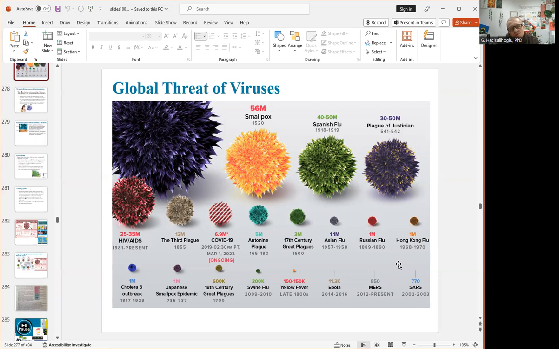But there were some other ones before this pandemic, and you can see some examples here: Spanish flu, and how many people died because of these different pandemics. You can see here the third plague. COVID-19 was the one for the last 4 years. 6.9 million people died because of the COVID-19 pandemic, and these are some other ones in different centuries.